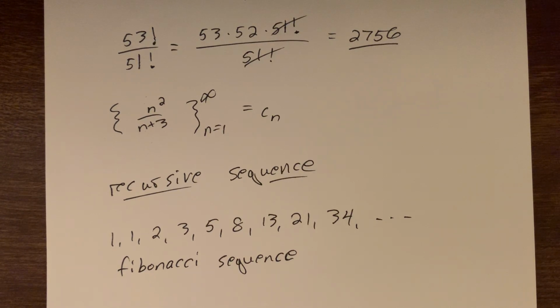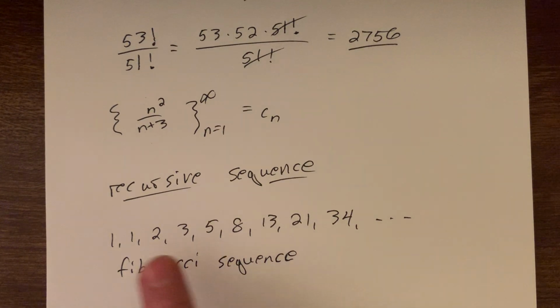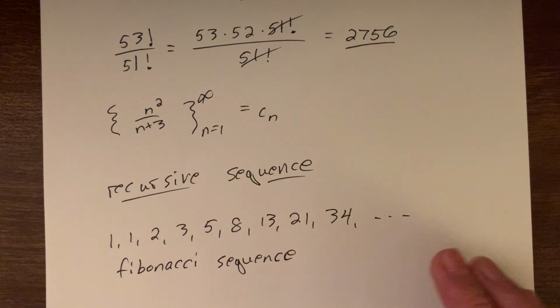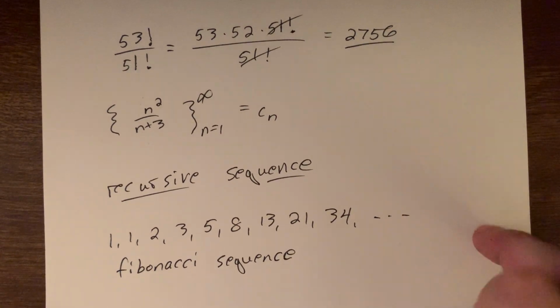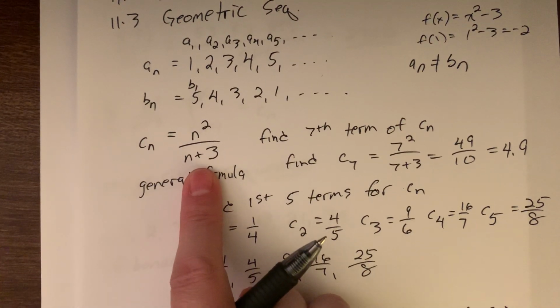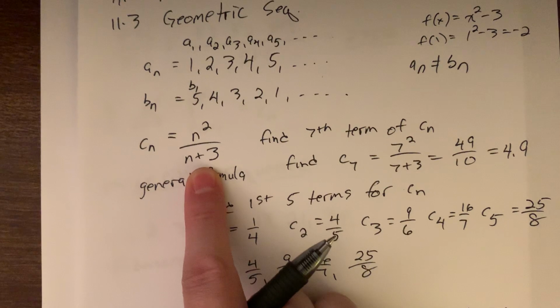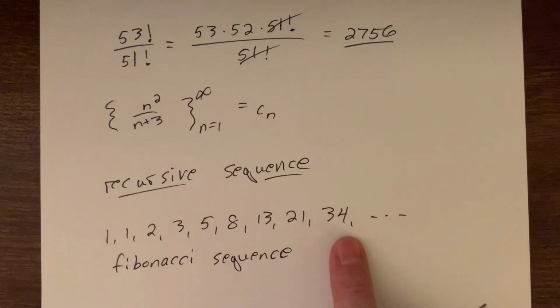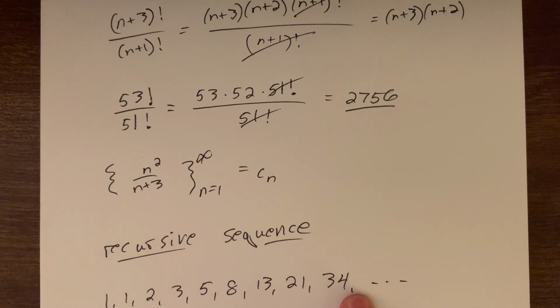And these are tough for everyone because you can't just jump and say, give me the 20th term, give me the 30th term. In my normal sequences, I can do that. If I've got a general formula and you want the 100th term, plug in 100. But in this idea, if you want the 100th term, you need the 99th and the 98th terms. But if you need the 99th term, you need the 98th and the 97th.